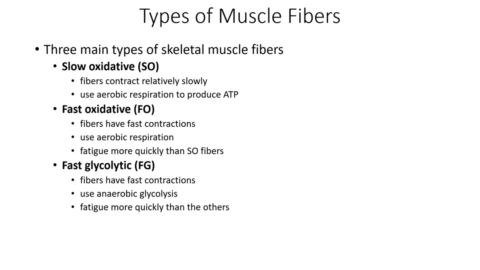All right. Fast oxidative fibers, or fast twitch muscles, these are going to be fibers that have really fast contractions. They are also going to use aerobic respiration to get ATP, but these are going to tire out or fatigue a lot more quickly than our slow oxidative muscle fibers, because they have to switch to anaerobic respiration, which is not going to require oxygen to produce energy.